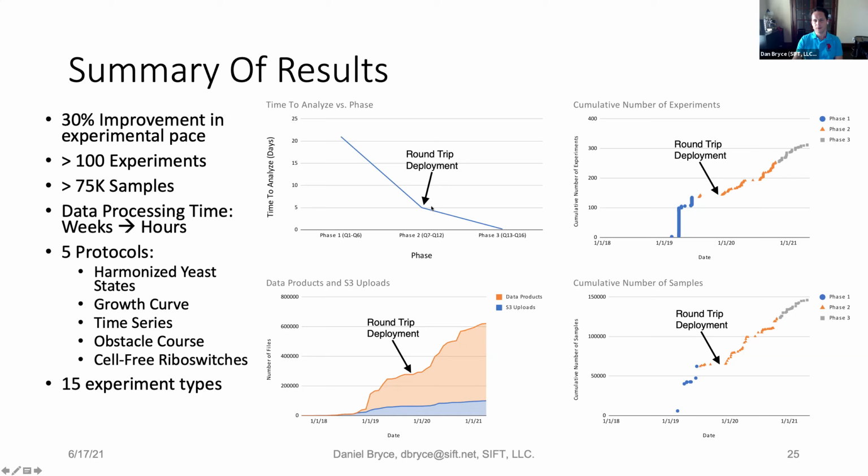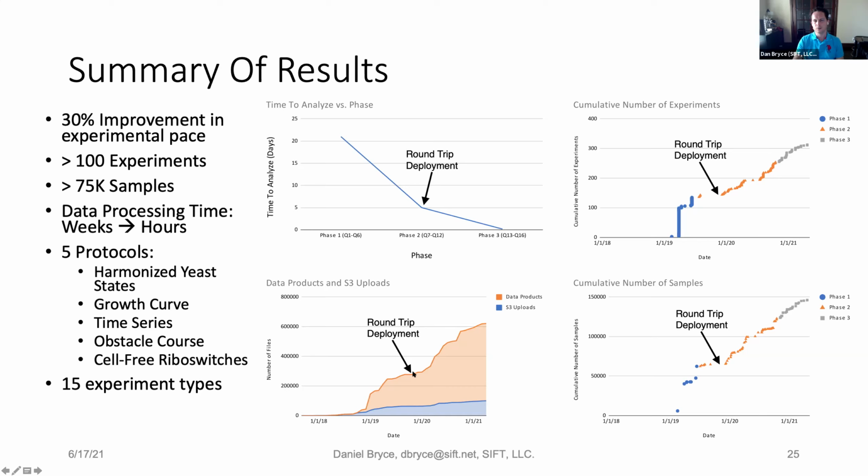Now, toward the end of the program at phase 3, we've brought this down to about 4 hours to do the automation side of things. Obviously, experiments still take time. They still have to incubate, and that takes a few days. But in terms of the time to do the analysis, it takes about 4 hours.